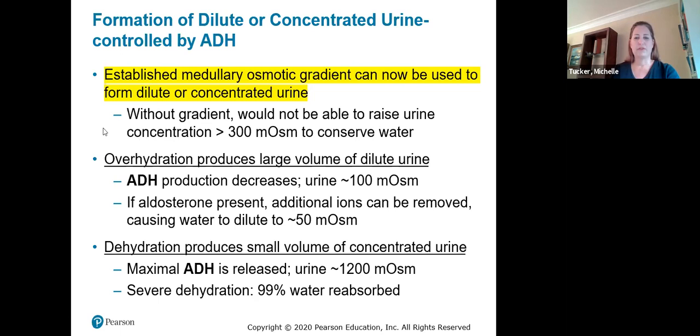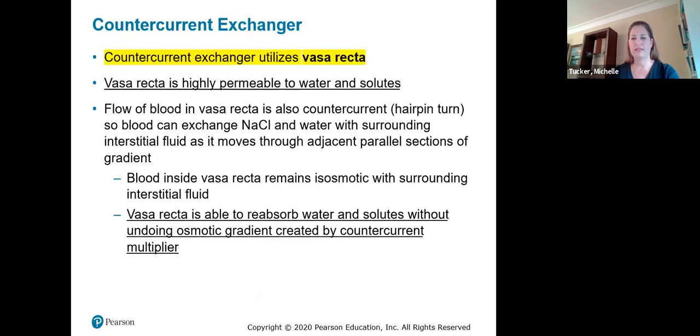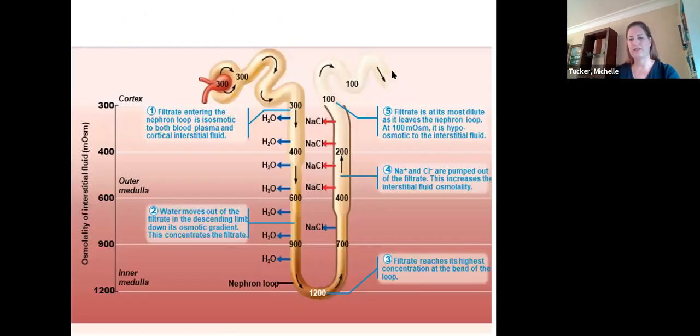If you're overhydrated, like you've been chugging water or having lots and lots of lemonade, then the urine concentration will remain about 100 milliosmoles. So what it's coming out at here, it just continues down the collecting duct and then out. We'll talk about the pathway, ureters, bladder, to be excreted.